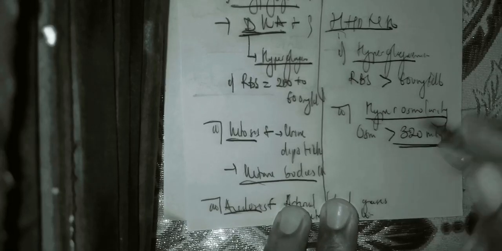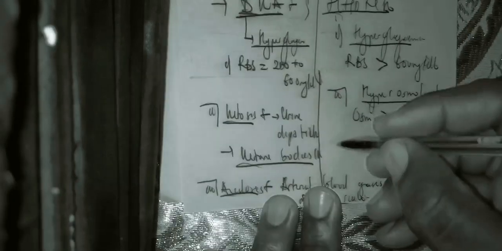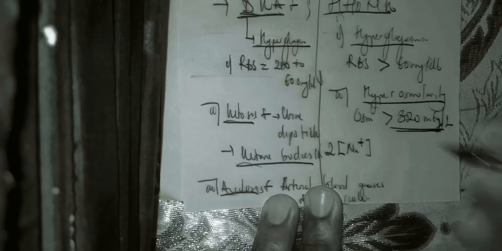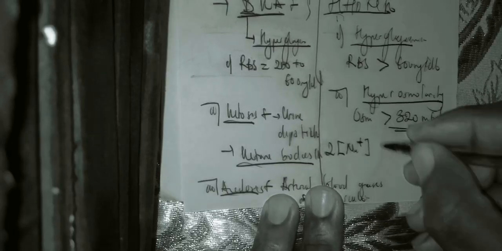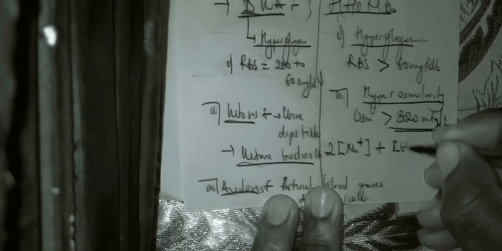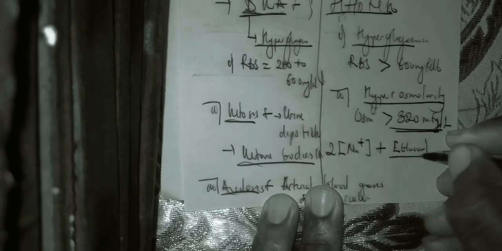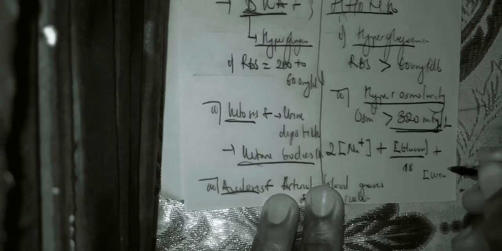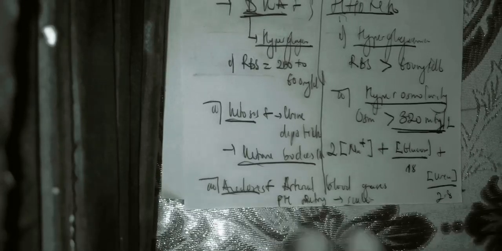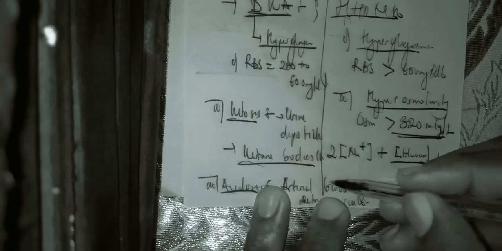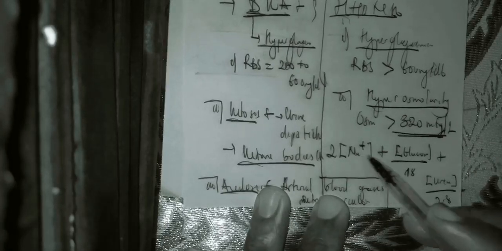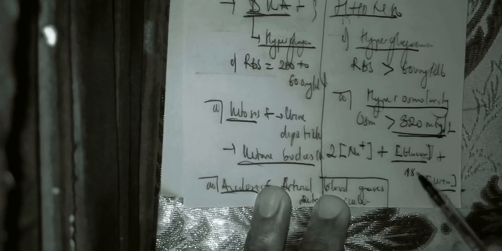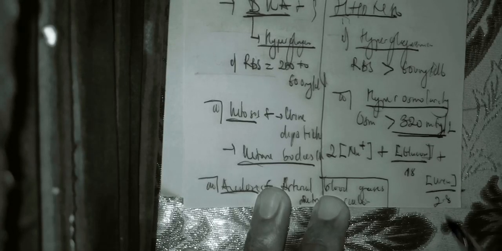Now, how do we calculate the osmolarity of blood? Osmolarity is calculated as 2 times the concentration of sodium ion, plus the concentration of glucose divided by 18, plus the concentration of urea divided by 2.8.